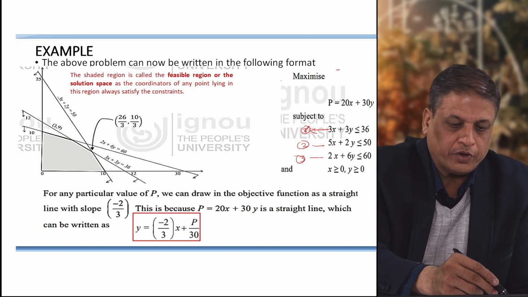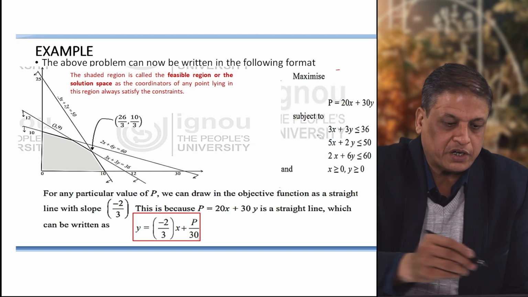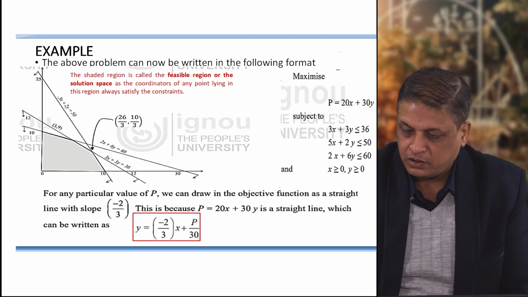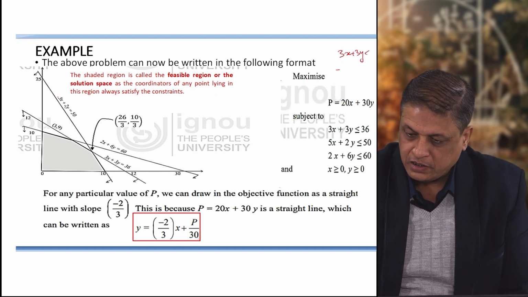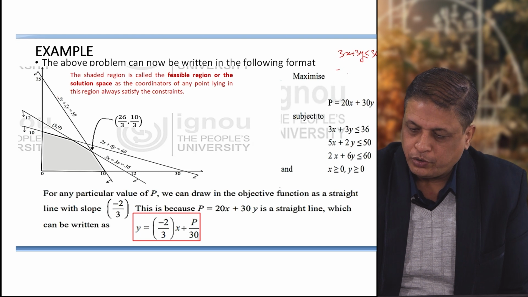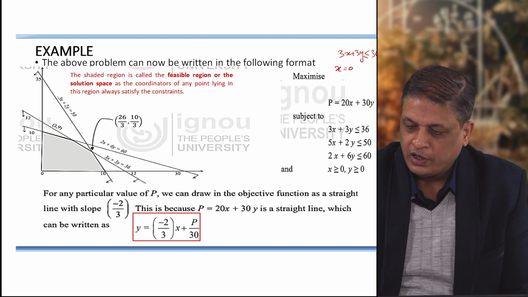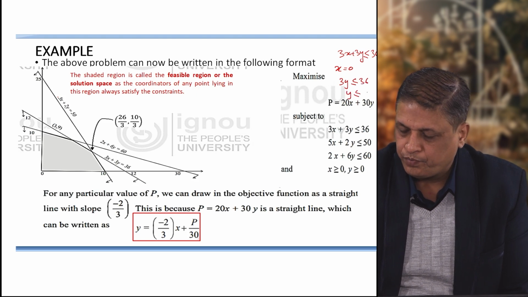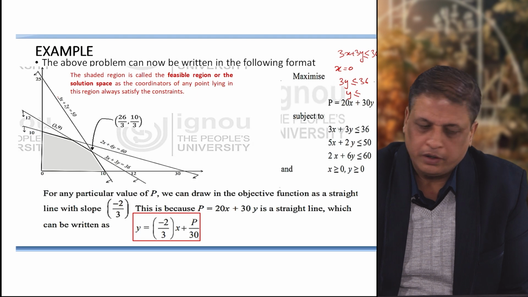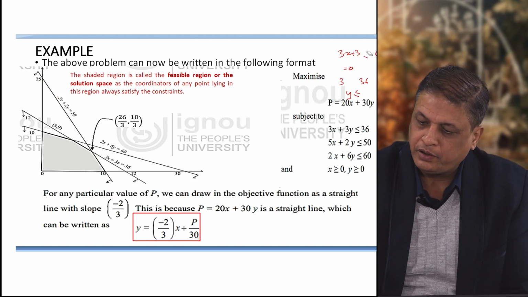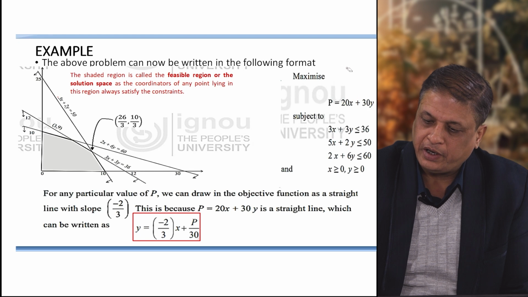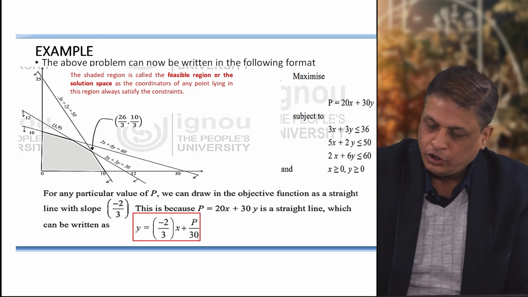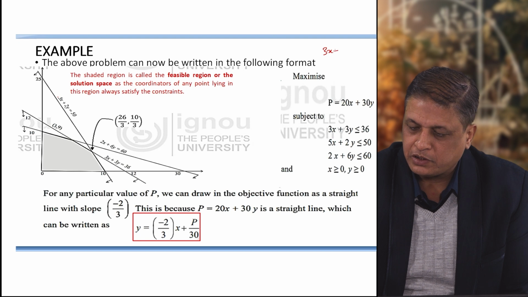Referring to constraint number 1, that is 3x plus 3y less than equal to 36, to find the point of intersection you can replace the inequality with equality, 3x plus 3y is equal to 36.